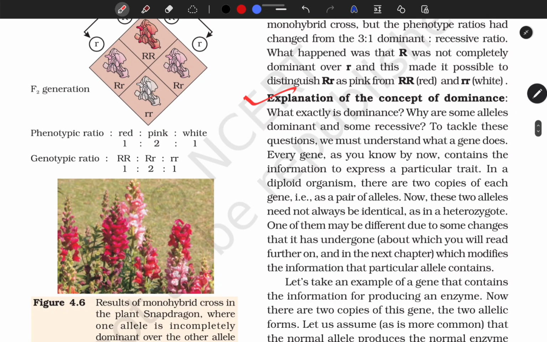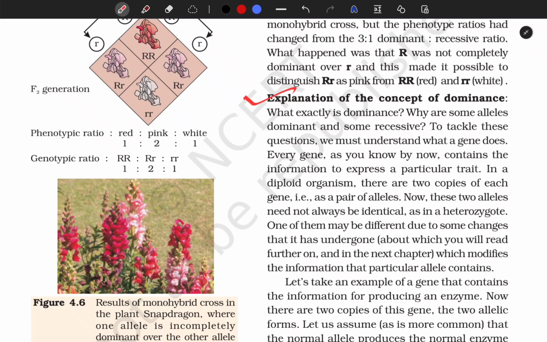Explanation of the concept of dominance. What exactly is dominance? Why are some alleles dominant and some are recessive? To tackle these questions, we must understand what a gene does. Every gene, as you know by now, contains the information to express a particular trait. In a diploid organism, there are two copies of each gene, that is, a pair of alleles.